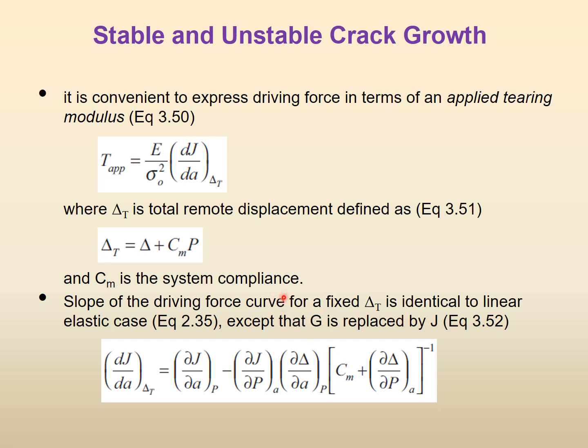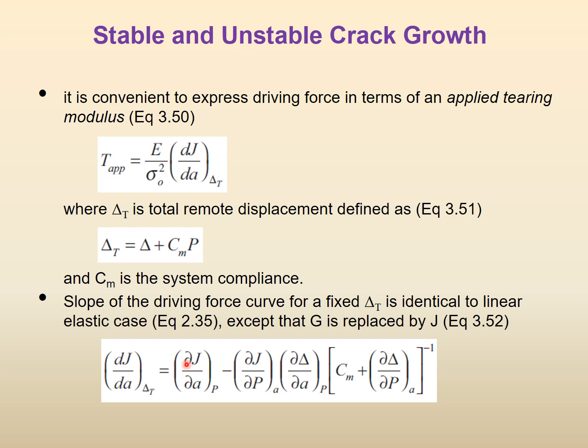Again, a huge amount of research and derivations and confirmation must have gone before this final conclusion, that when we did G, now we are doing J. So dG/dA, this time you have dJ/dA for a fixed amount of delta.